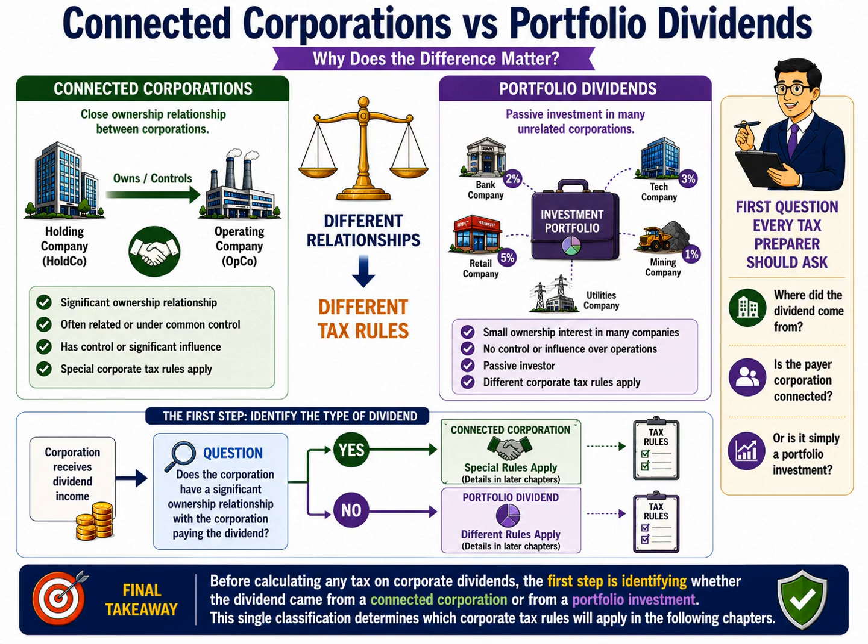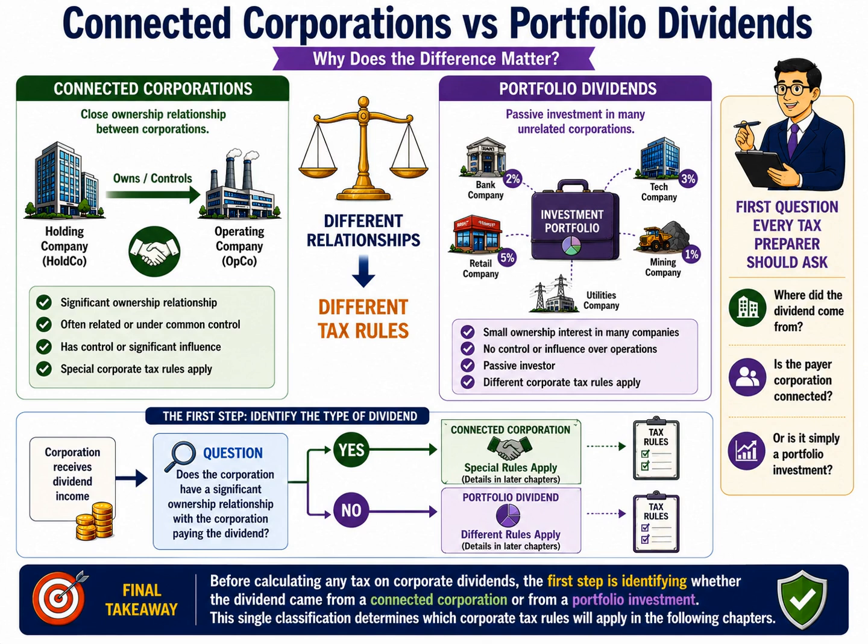A connected corporation exists when there is a significant ownership relationship between two corporations. Typically, one corporation owns or controls another corporation, such as a holding company owning an operating company, or a parent company owning a subsidiary. Because these corporations are closely related, dividends paid between them are generally subject to a special set of tax rules.